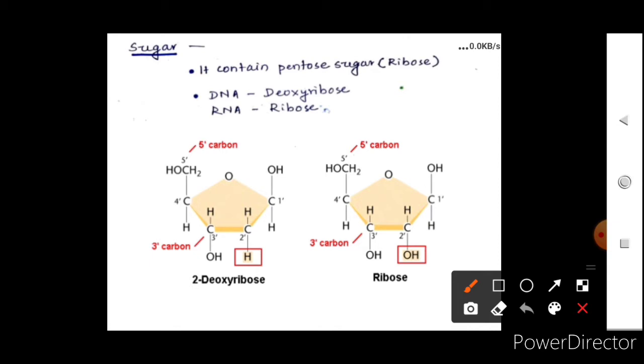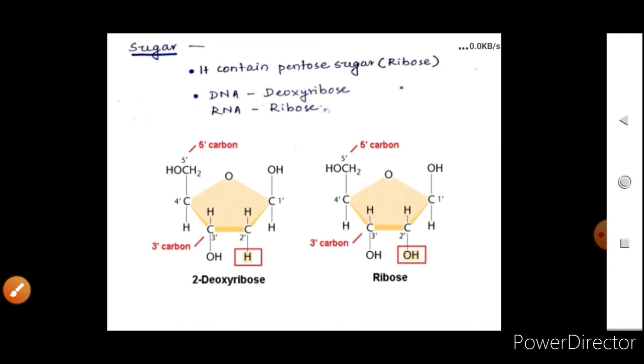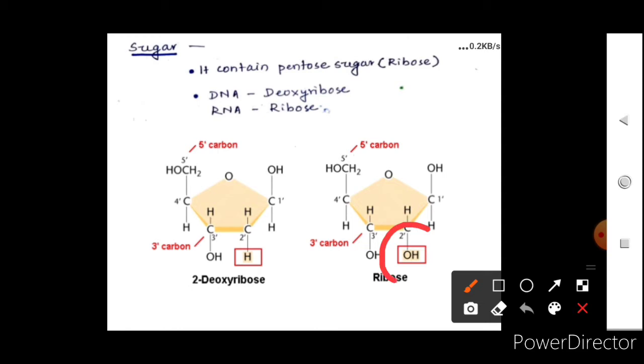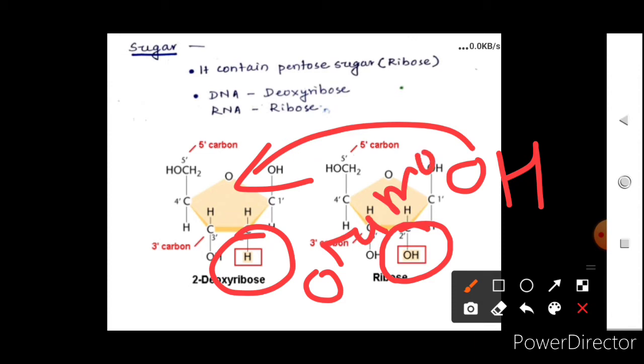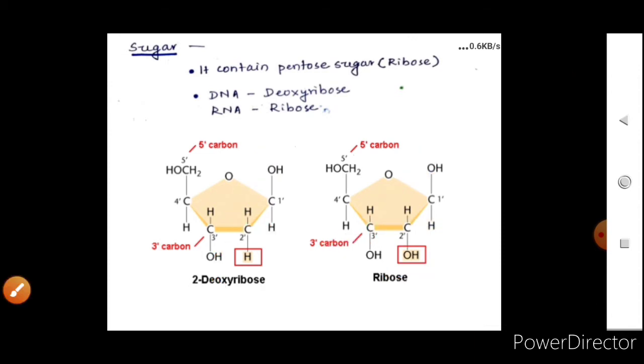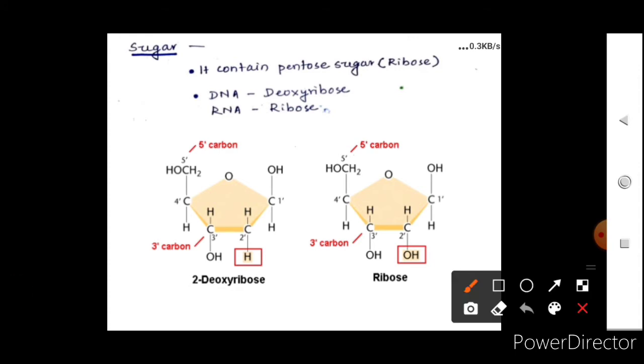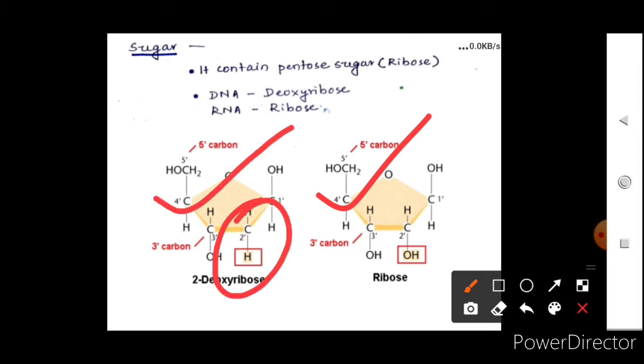See, this is ribose, and this is deoxyribose. Here you will see that the OH group at the second position is present, and in deoxyribose the oxygen is removed, so we call it deoxy. Oxygen is removed, so we call it deoxyribose. So in RNA the ribose sugar is present, while in DNA the deoxyribose is present, where the oxygen is removed from the second carbon.